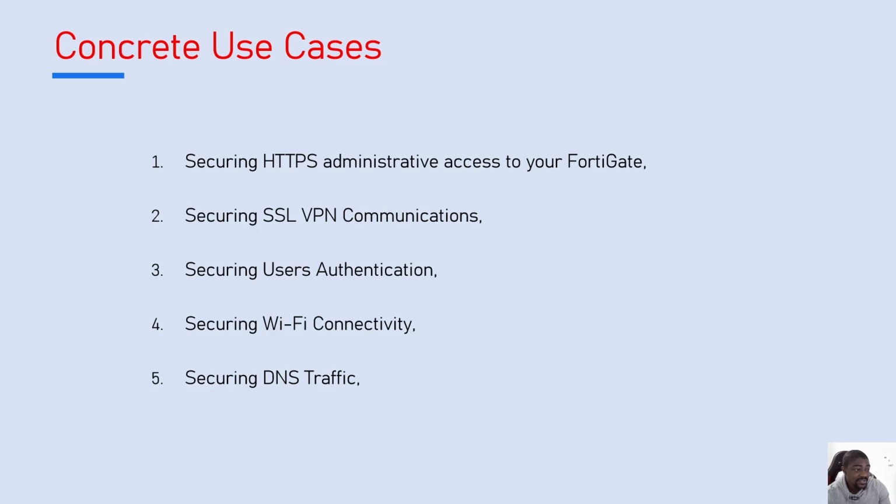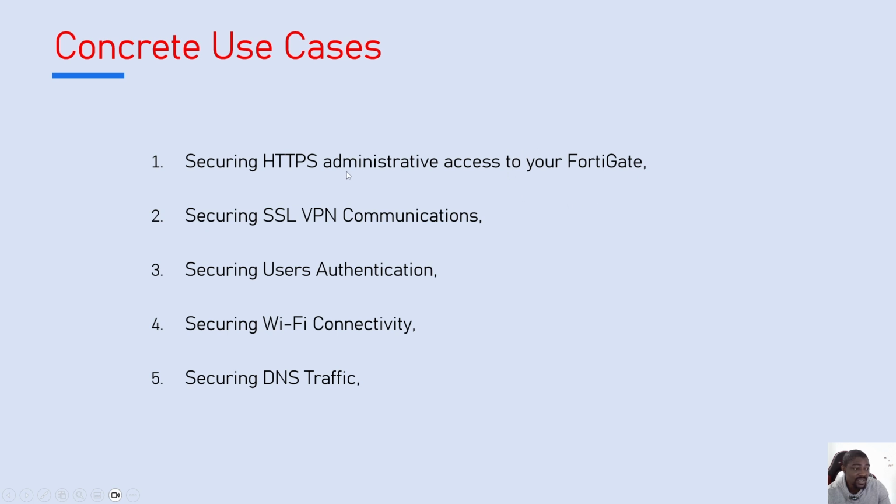As per the previous slides, you might think that all those limitations make Let's Encrypt not that useful. No, you still have some concrete use cases where you can use Let's Encrypt. As mentioned, you will be able to use Let's Encrypt to secure HTTPS administrative access to your FortiGate.